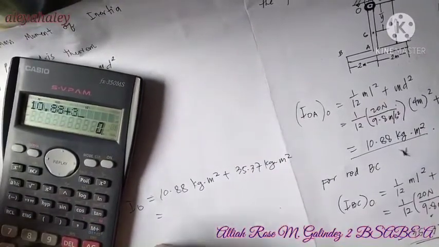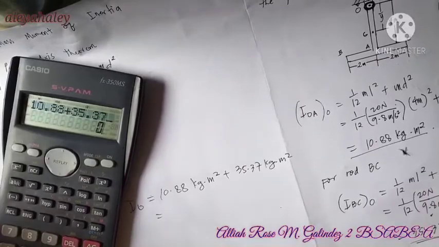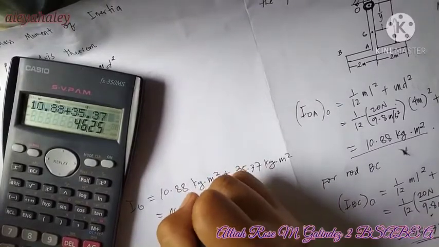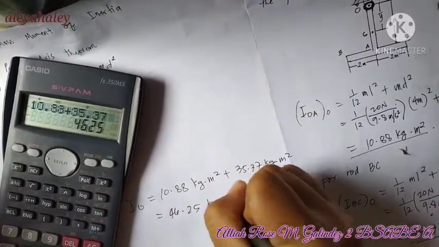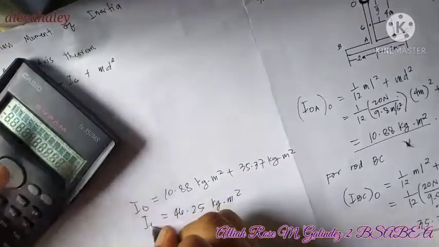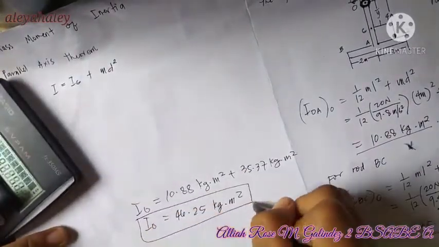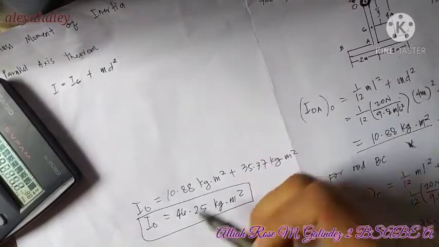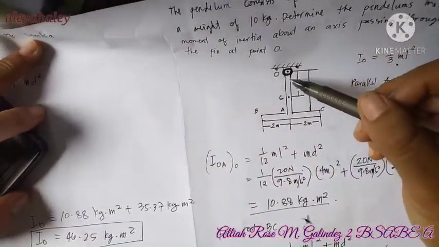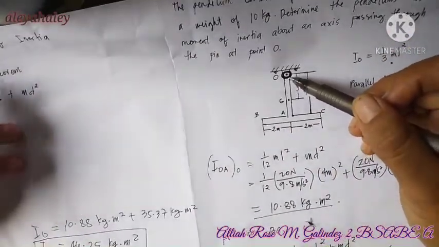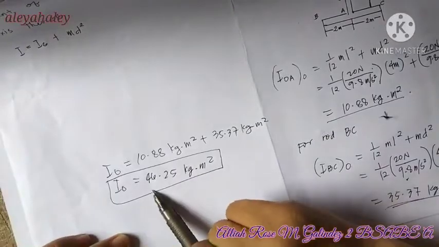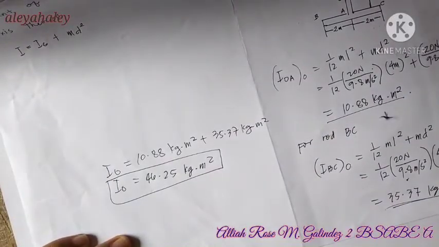We have 46.25 kilogram meter squared. So our mass moment of inertia about an axis passing through the pin at point O is 46.25 kilogram meter squared.